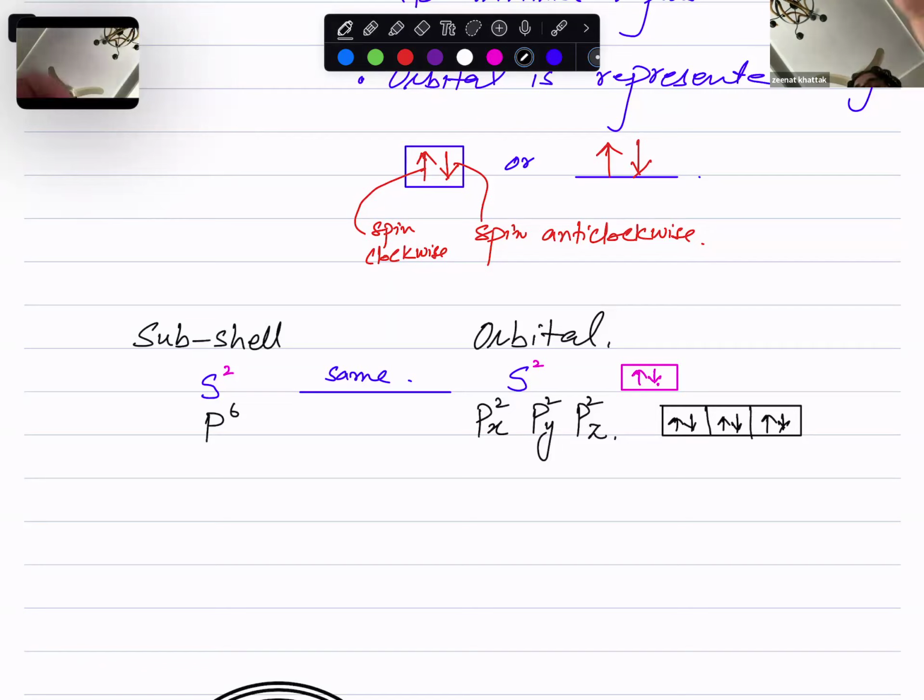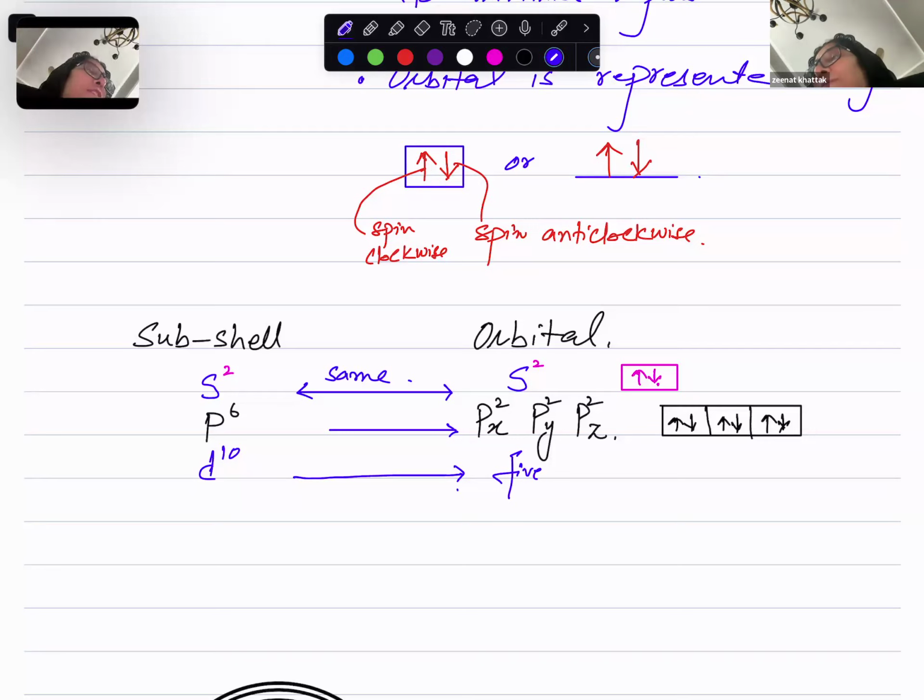One is px, one is py, with 2 electrons, 2 electrons, and 2 electrons. 6. Now, can you tell me about d10? How many orbitals? 10, so 2, 2, 2, 2, 2. So 5 orbitals. We are not going to name them in A-level. In Edexcel and in Cambridge, it's the same thing, right? We don't study these d orbitals in AS, we will do this in A2.